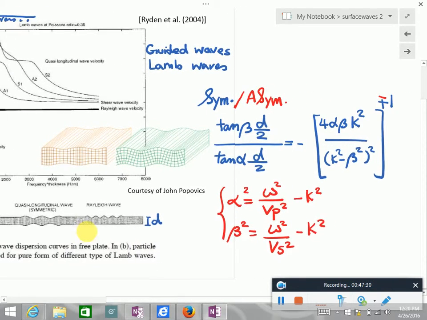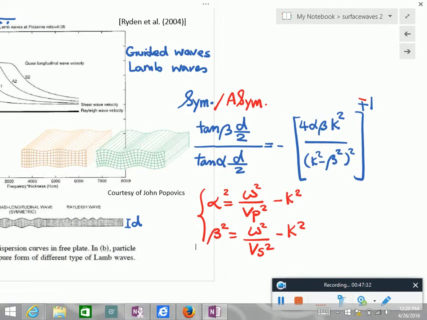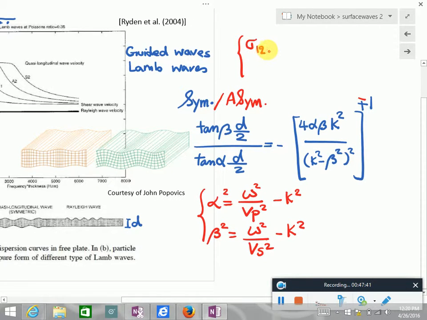They come from just imposing the two boundary conditions that sigma 1,2 and sigma 2,2 are 0. This is what you had seen for surface waves.